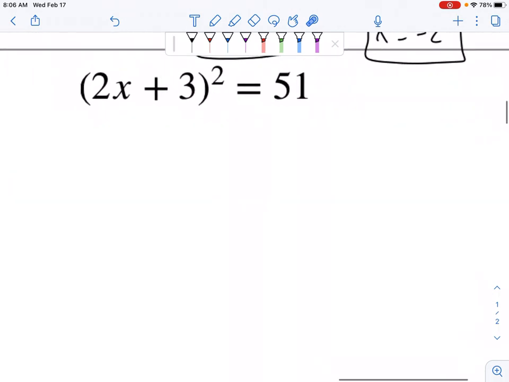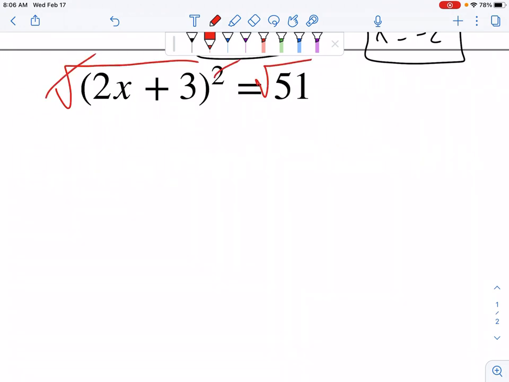And then finally, take the square root here and the square root here. And that's going to leave me with 2x plus 3, which is great, equals, I can't take the square root of 51. It's not a prime number, but I don't think there's anything hidden inside of it. So plus or minus square root 51.